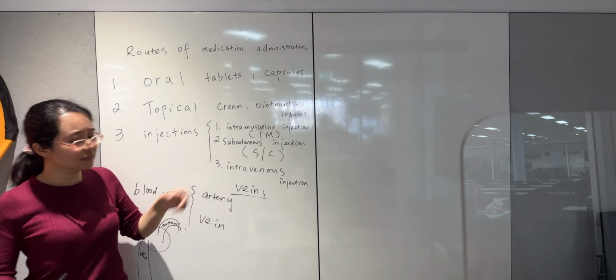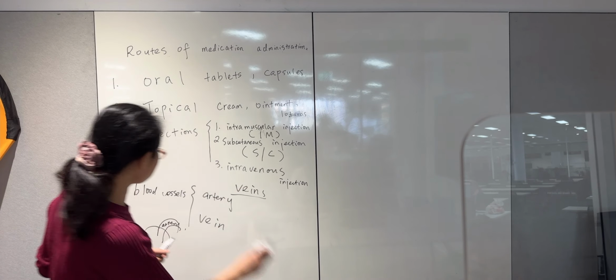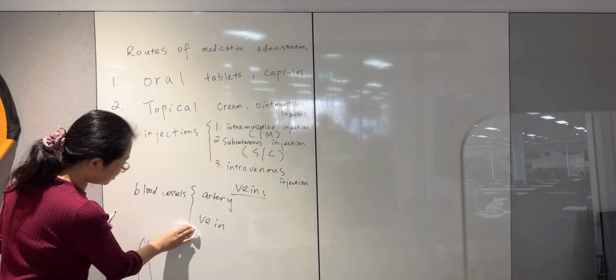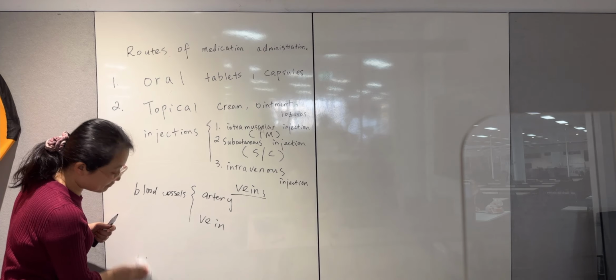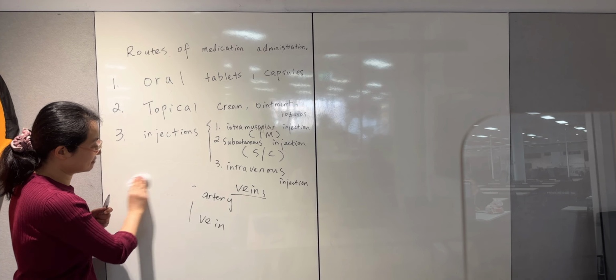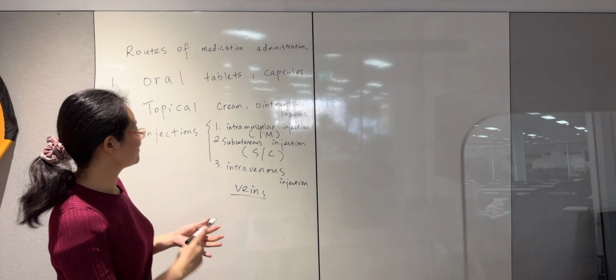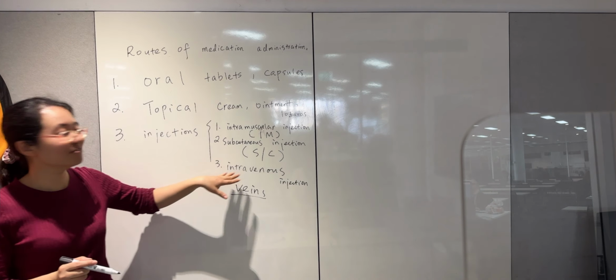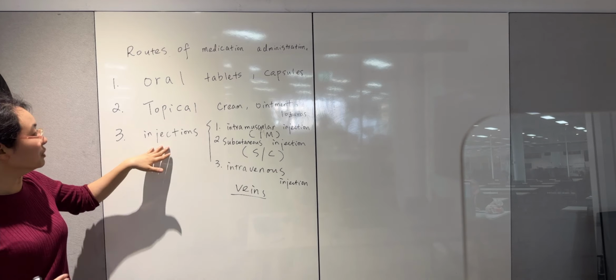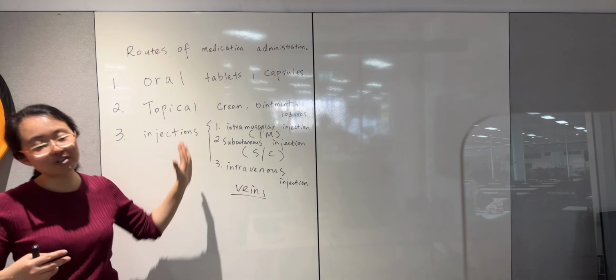Okay. So now, which route do you think is the fastest route? I think it's the three. The third one, intravenous. So think about when we give injections through the different routes.